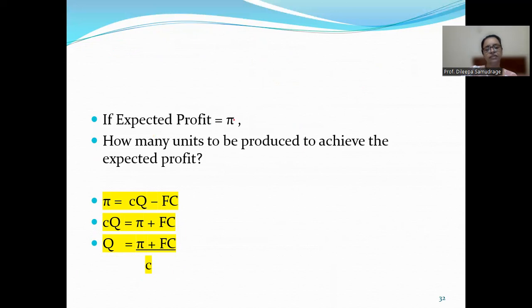If expected profit equals 5, how many units to be produced to achieve the expected profit? So you have to keep Q here and find out this, right? Okay. Clear?